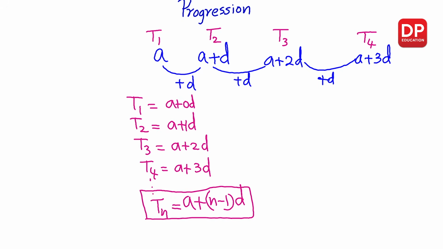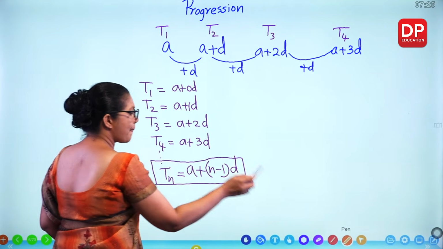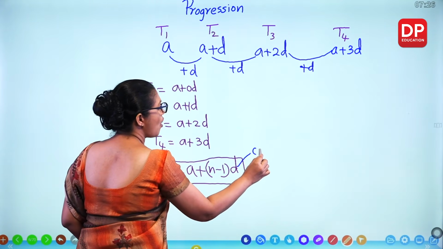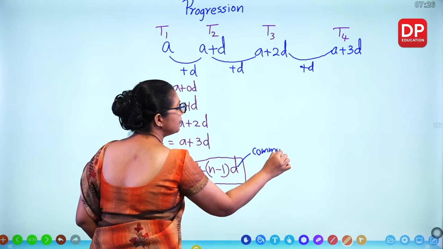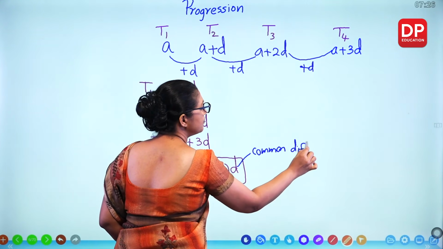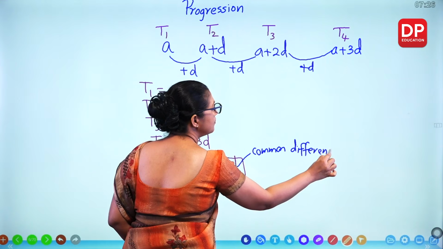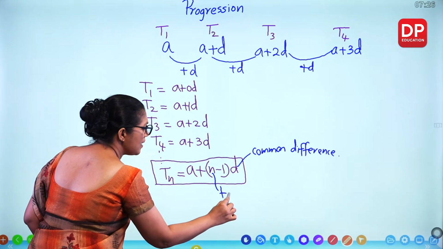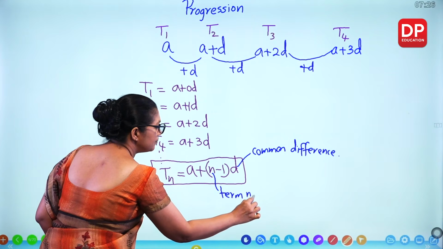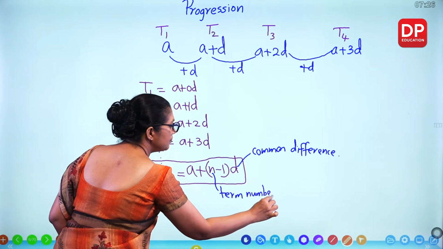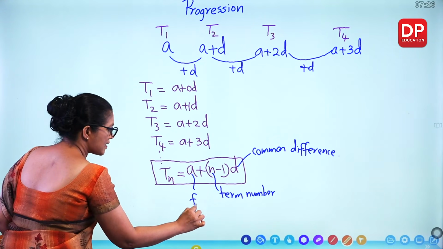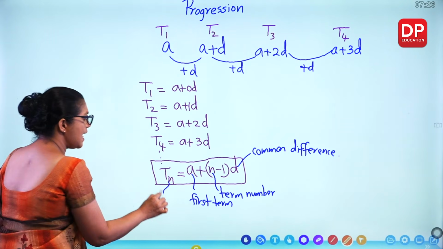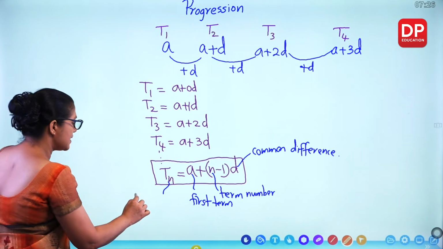So, what are these terms? We will identify D is the common difference, and n is the term number, A is the first term, and we call Tn is the nth term.